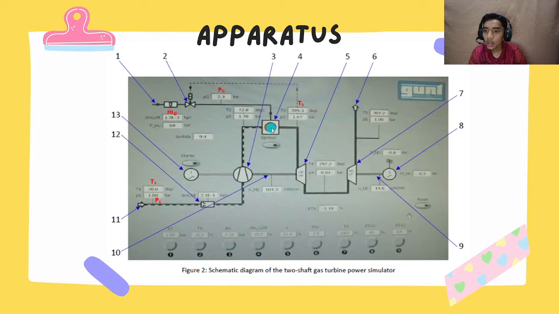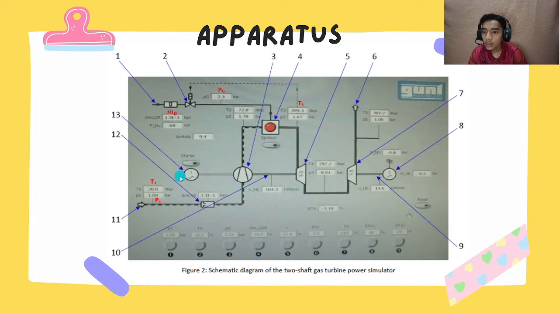After it reaches 400 Celsius, we will release the ignition button. And then after the temperature of T3 is 400 degrees Celsius, we will turn off the starter.